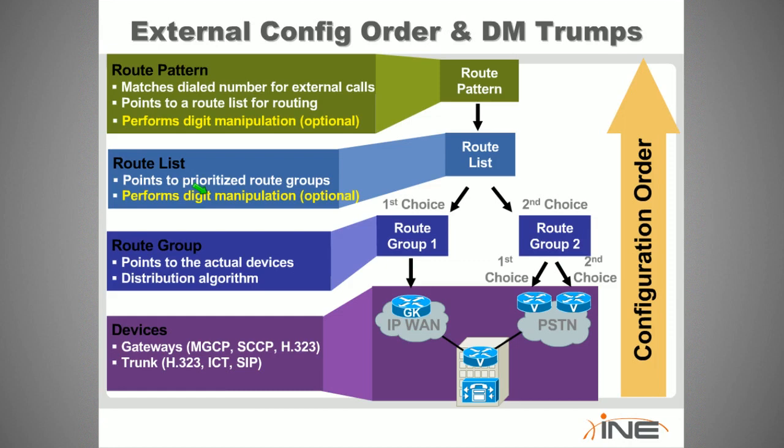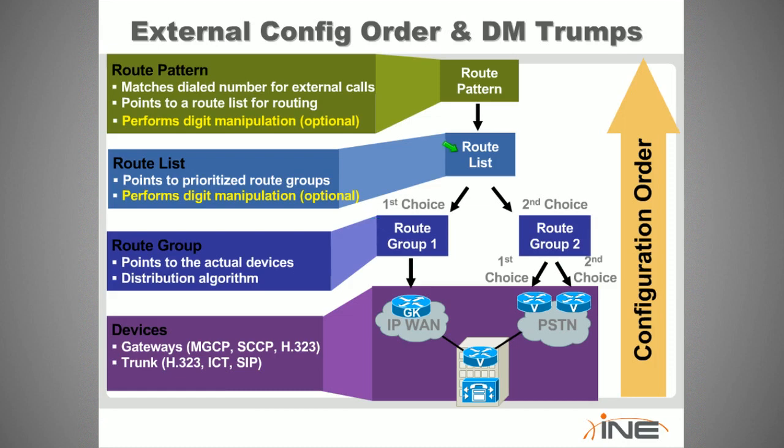Route list details is where we can perform digit manipulation. So we can perform separate digit manipulation for each route group within each route list. If it takes this path, then it's going to get 1 digit manipulation. If it takes this path, then it's going to get a different digit manipulation because we're sending it to a different place, the PSTN versus the gatekeeper-controlled WAN.